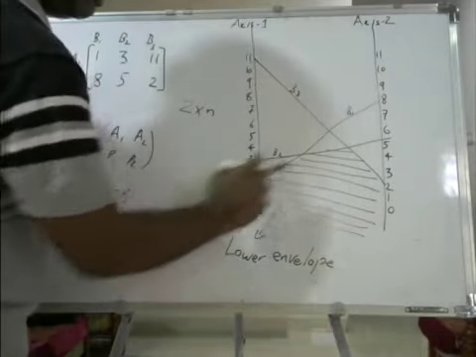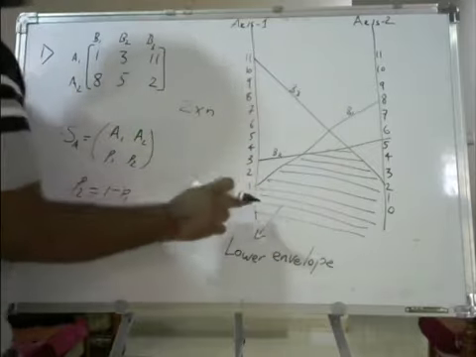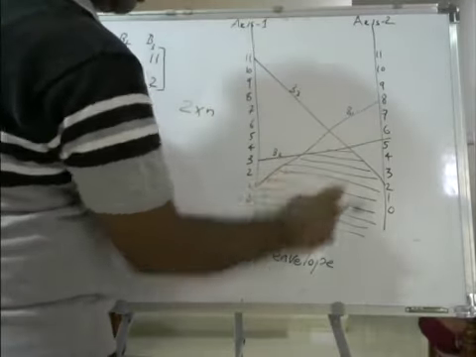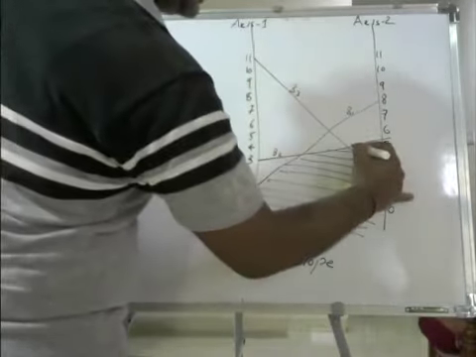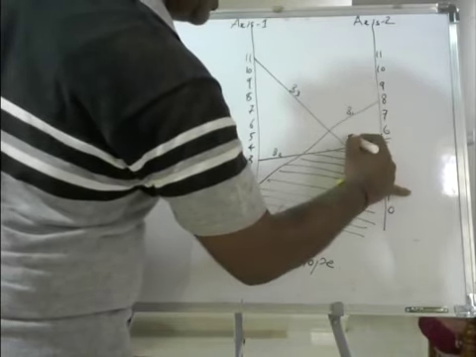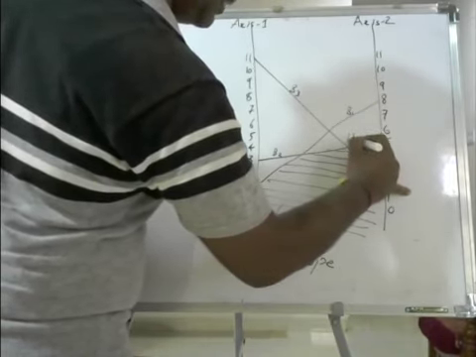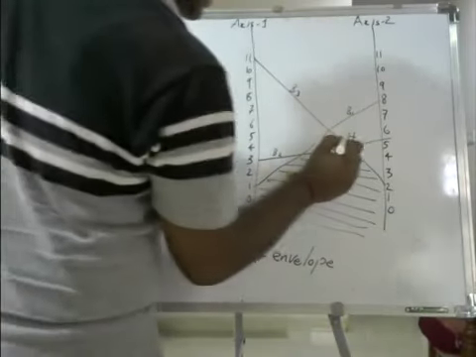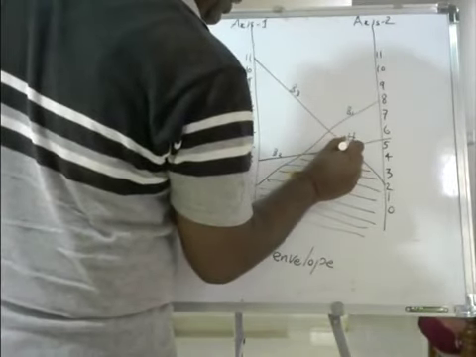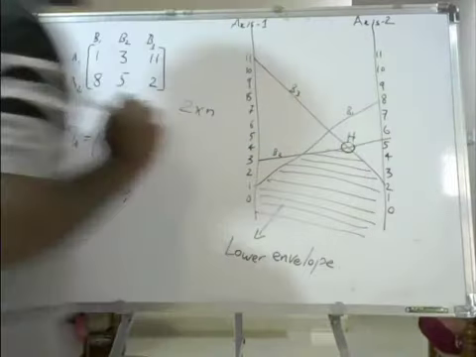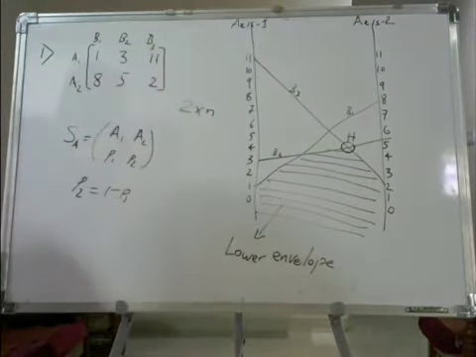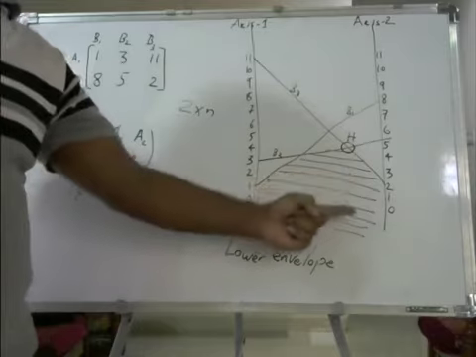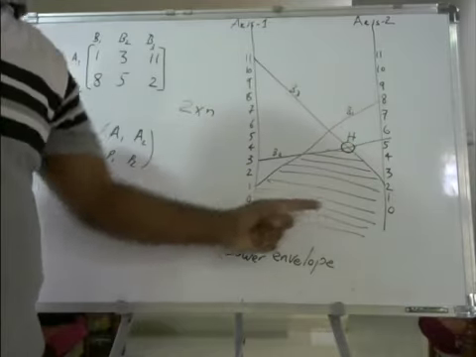Out of the minimum gains, the maximum of the minimum lies here at this point, so I will put that particular point as H. This is the point where I am getting the maximum gains out of these minimums.